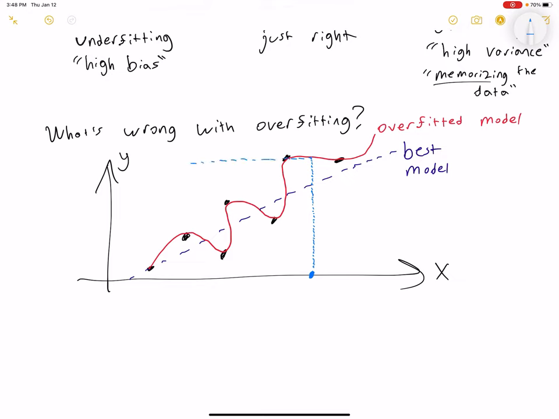So it's not predicting to the general trend of the data. It's making really specific predictions to the random noise in the data.